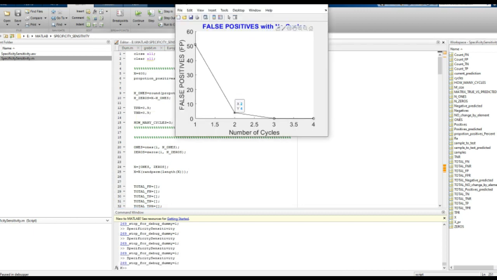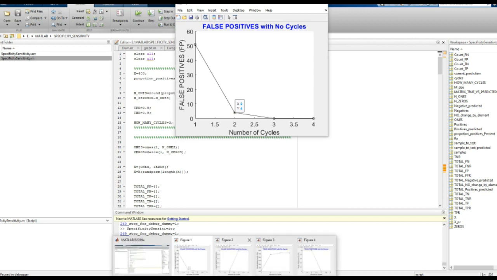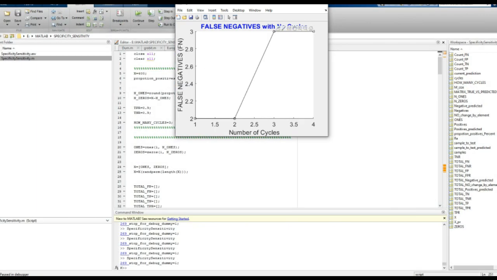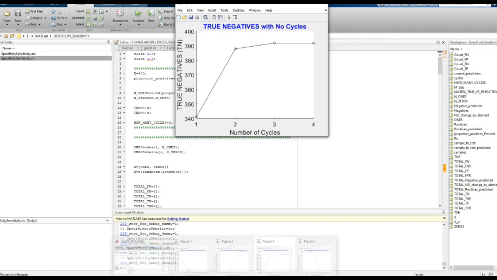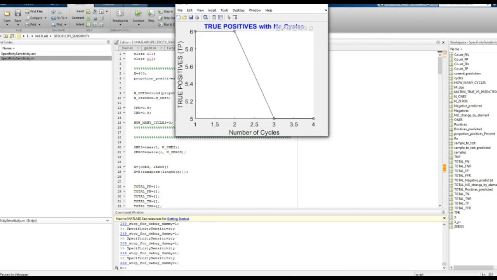So false positives, nothing. But look at what happened with the false negatives, that we got very few, then it plateaued. True negatives also plateaus like before, but true positives improved a lot. So remember that before we were losing true positives very fast, and now we lose them slower.